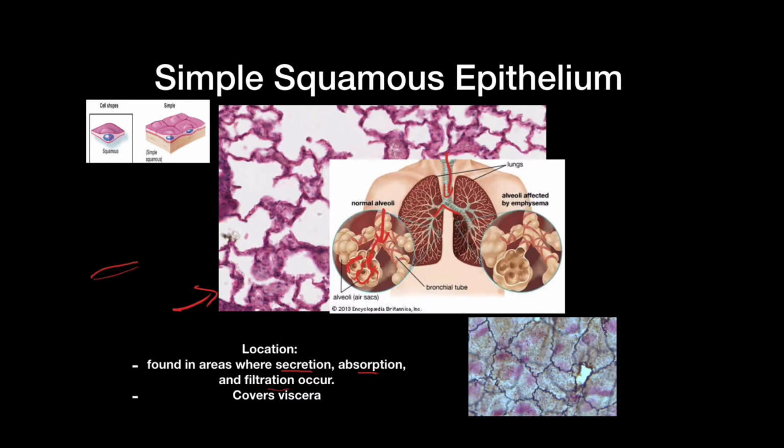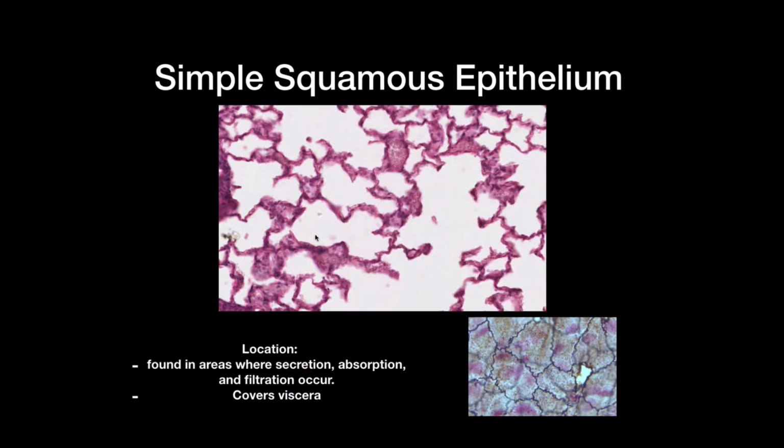Alright, so if you look at this picture again, you will see that the simple squamous epithelium is going to surround these air sacs, these alveoli. Then remember, under the simple squamous epithelial tissue, you're going to have what is called the basal membrane, since you're always going to find epithelial tissue resting on a basal membrane.